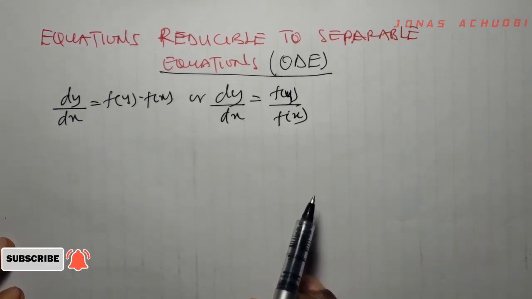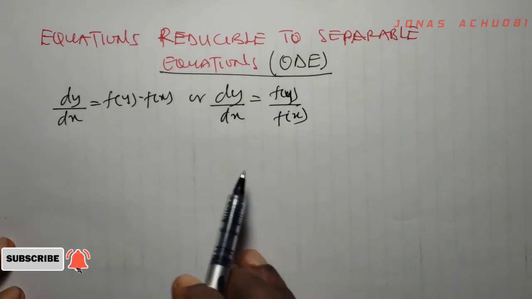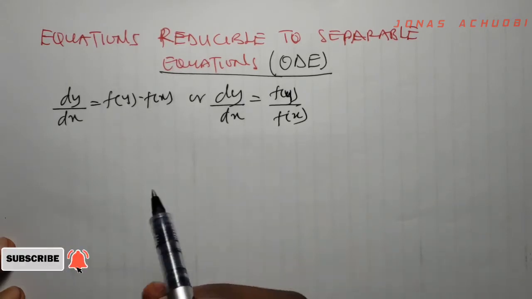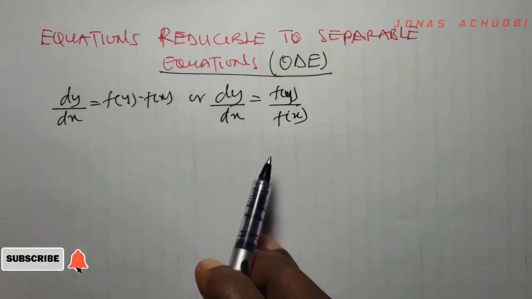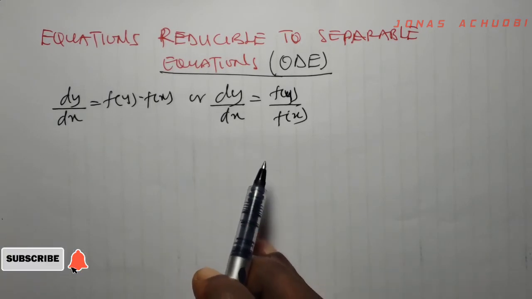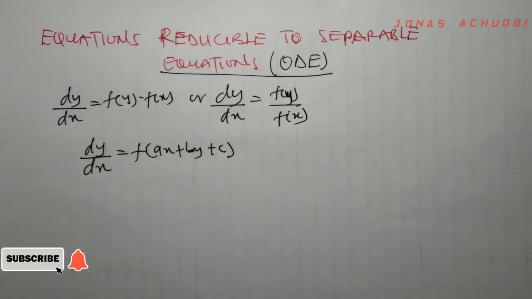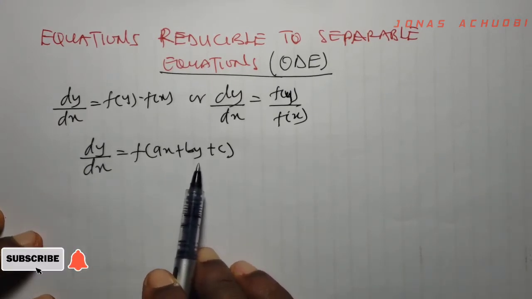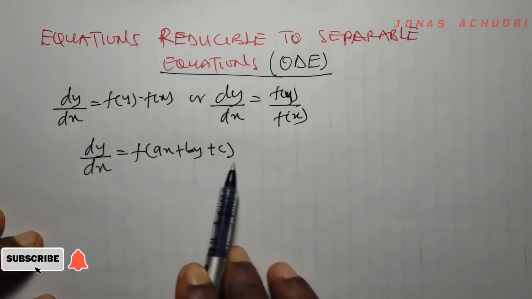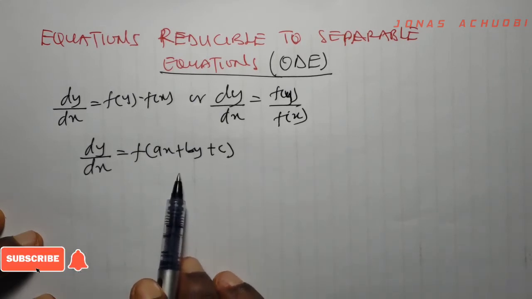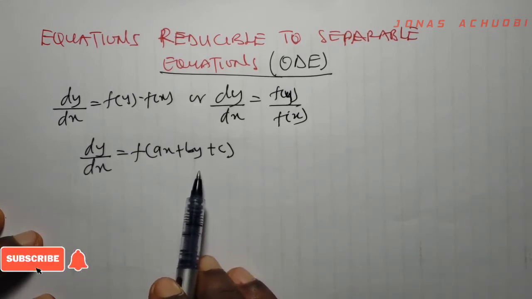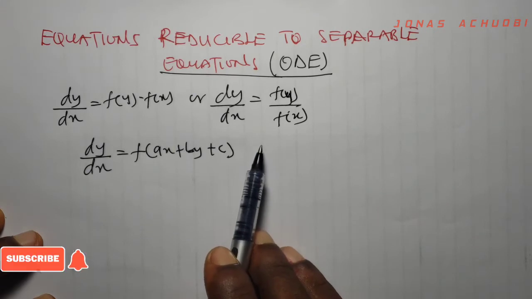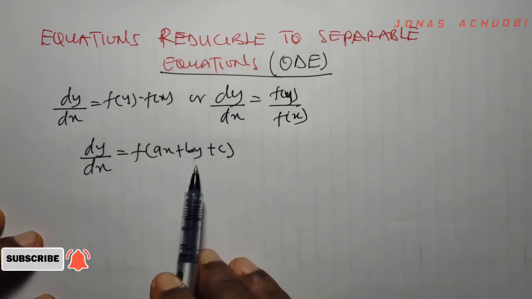However, it is not always possible to have our equations in a form that is easily separable. So we are looking in this video at equations of the form dy/dx equal to f(ax + by + c), where the right hand side is some function of x and y that cannot be easily separated.